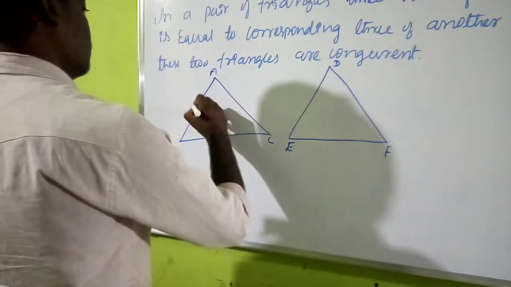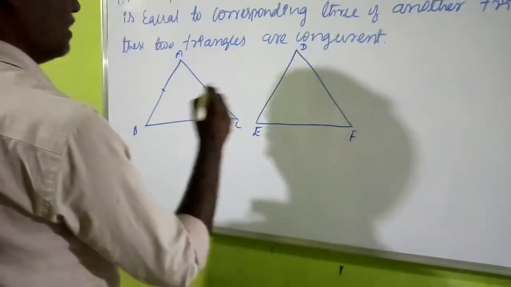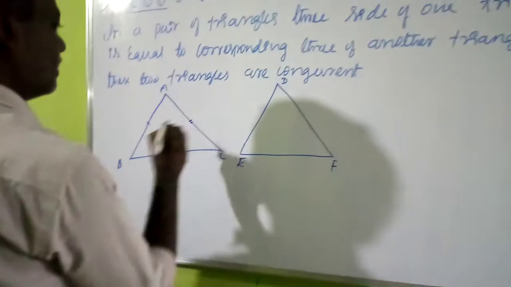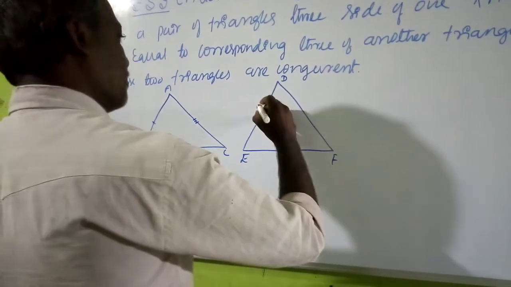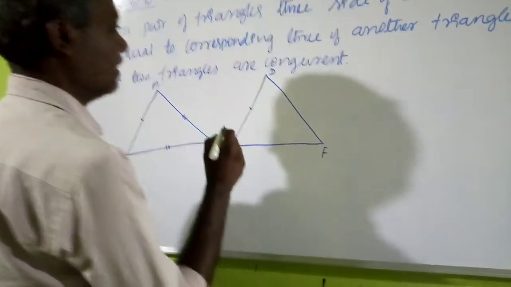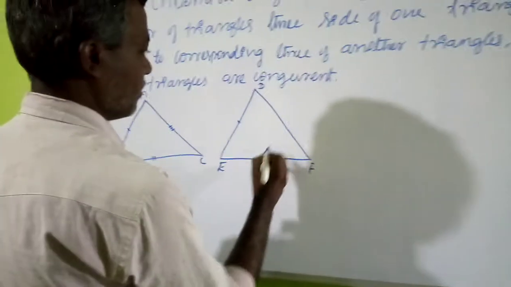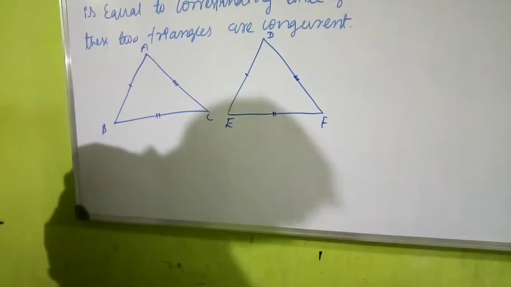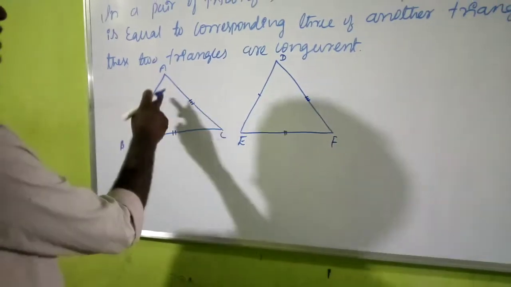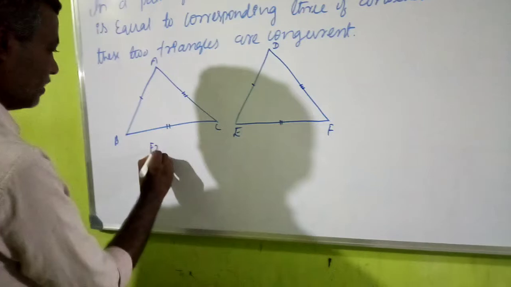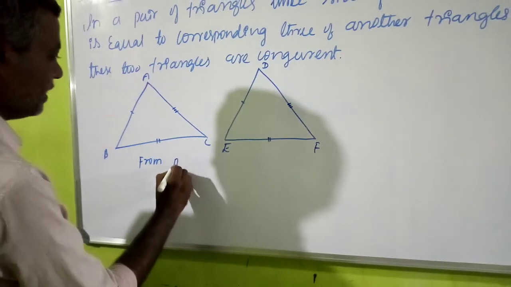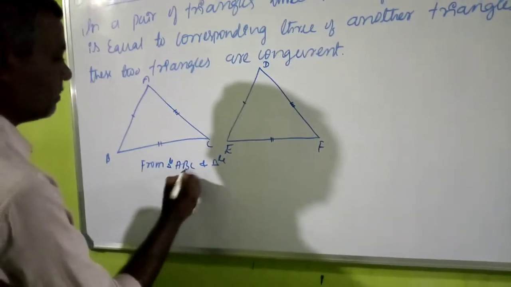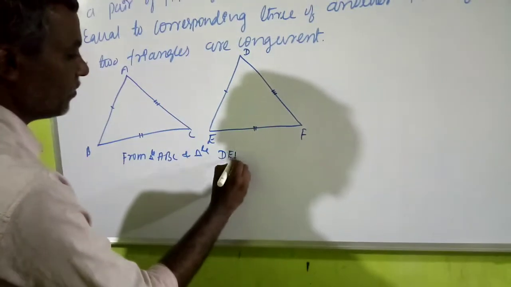Here this is AB, this is side BC, this is side AC. In this triangle, DE, EF, and this is DF. See, the sides are mentioned here. So from the triangle ABC and triangle DEF.